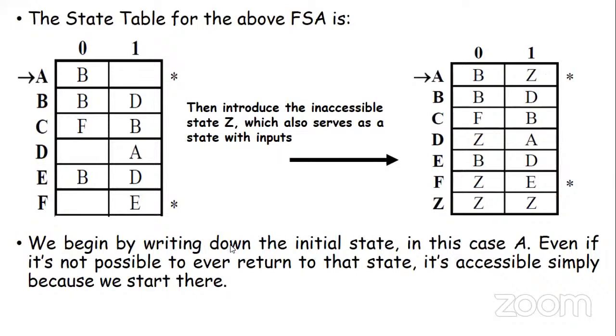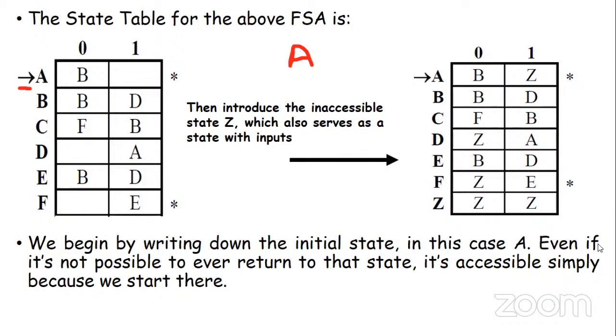So we begin by writing down the initial states. Now, this is the process, so listen very carefully. We begin by writing down the initial states. In this case, A is our initial state, as you have rightly seen. So the first thing we'll write is the value of A. So we'll bring it out, right?